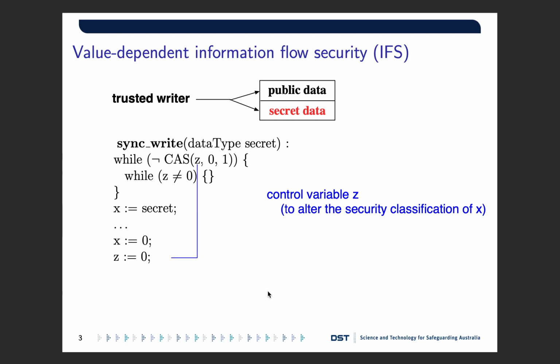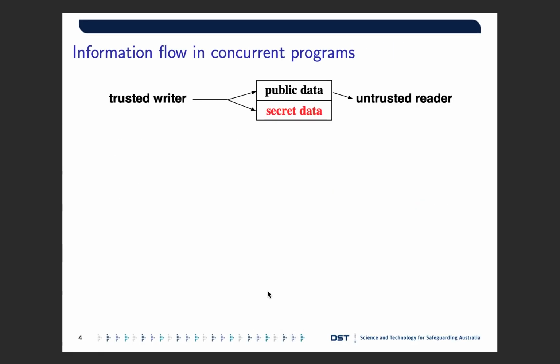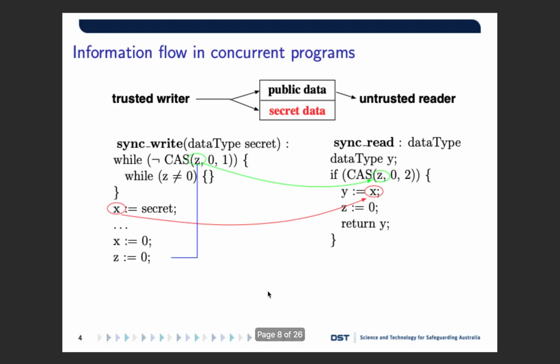If we want to analyze this sequential piece of code, we define proof obligations that guarantee us information flow security, and we define these proof obligations per instruction. If we do this analysis with respect to any other threads that are run concurrently, like the reader, we have to take into account their effects on shared variables.